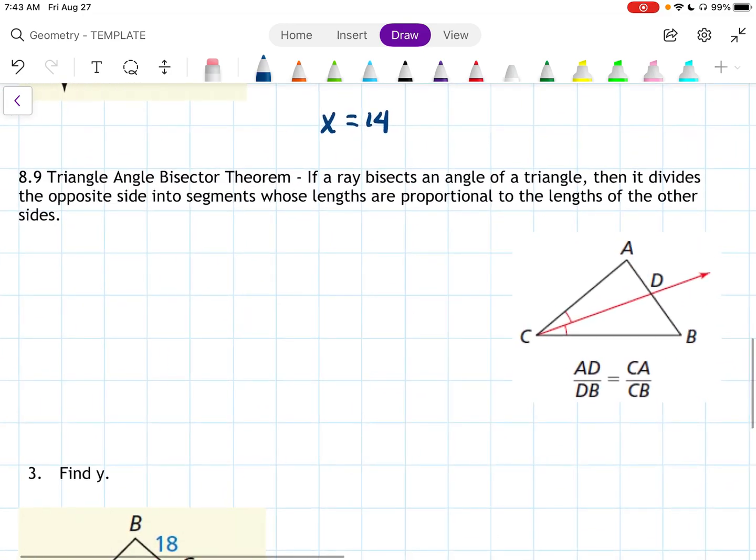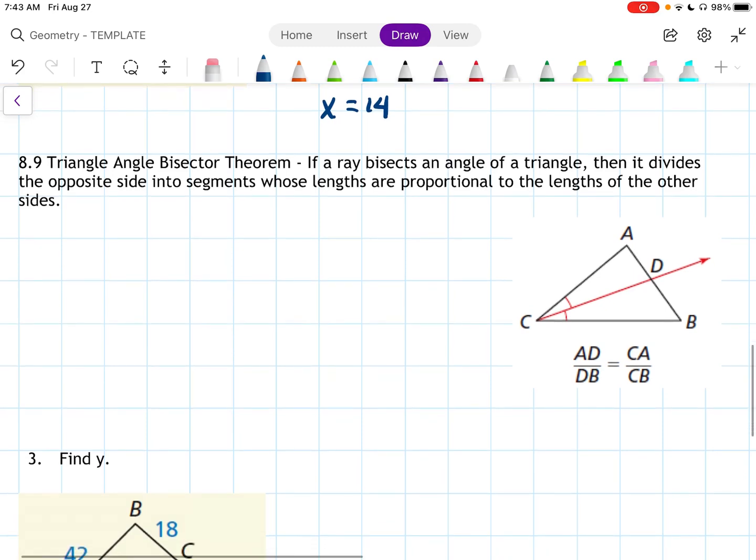Theorem 8.9, the triangle angle bisector theorem. If a ray bisects, cuts in half, an angle of a triangle, then it divides the opposite side into segments whose lengths are proportional to the lengths of the other sides. So let's look at this picture here and see what that means. Angle C here is bisected, right? We see the little swoops right there.